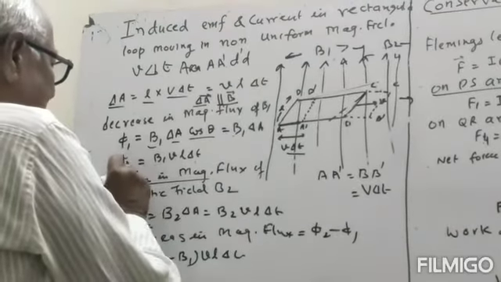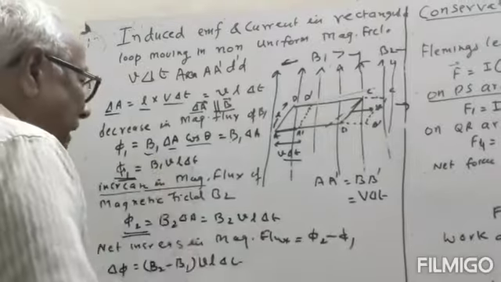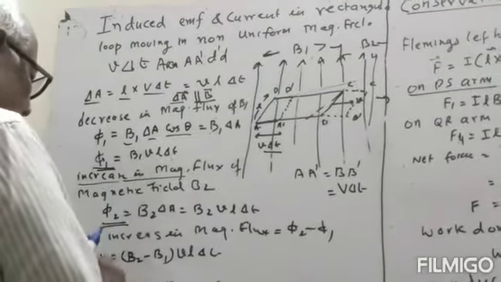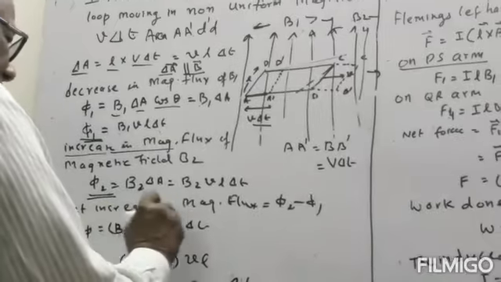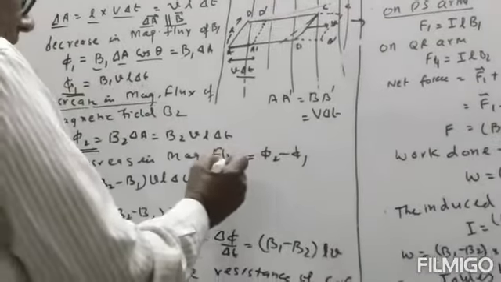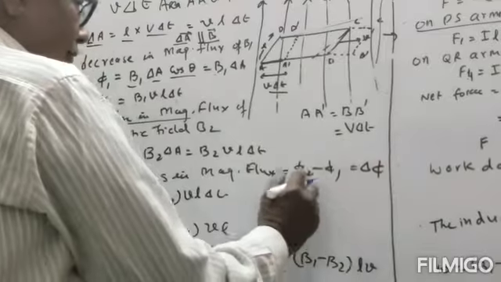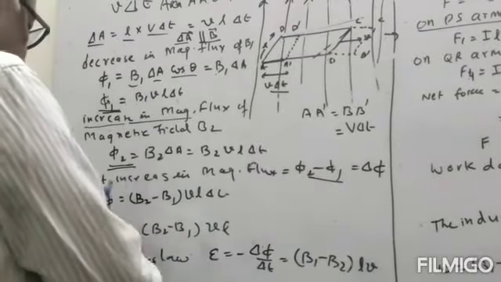This is the decrease in flux, and the net increase in flux will be the difference of these two. Delta phi is equal to phi 2 minus phi 1.